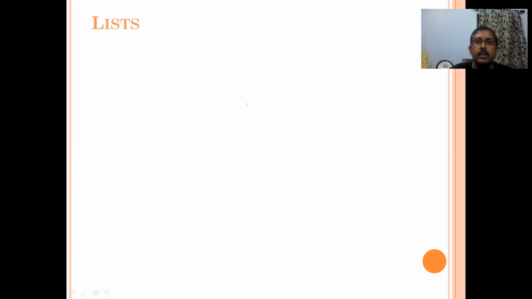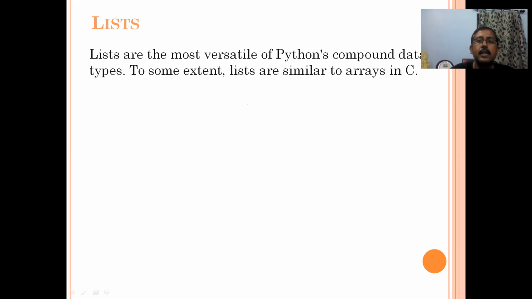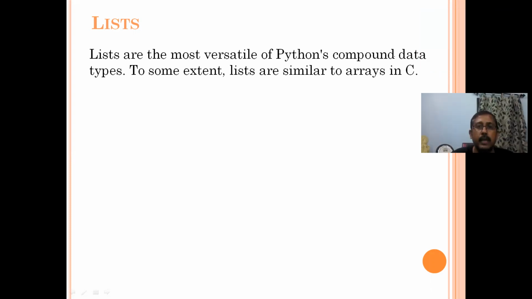So as we have already talked about, lists are nothing but an ordered set of objects, right? For example, if we want to have multiple objects in a particular set, and those objects can belong to different data types or object types also, right?